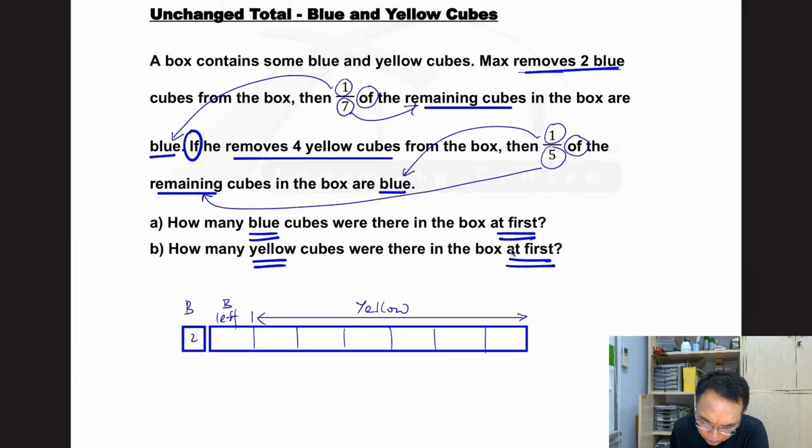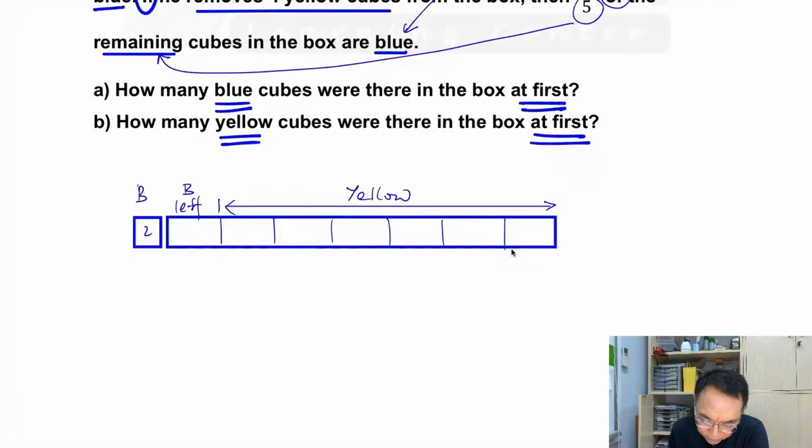Now, what you want to do is you want to draw the 4 yellow cubes that he removed over here. Okay, and maybe not so long. And also try not to make the box here the same size as the line here.